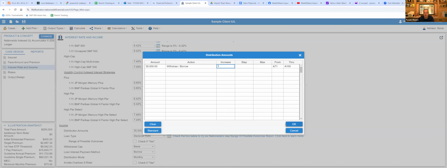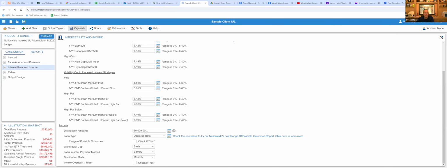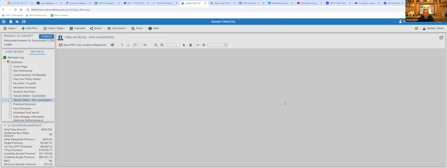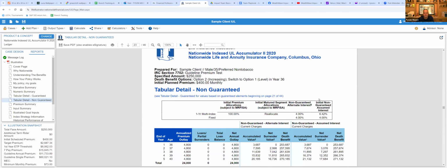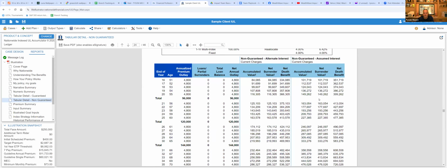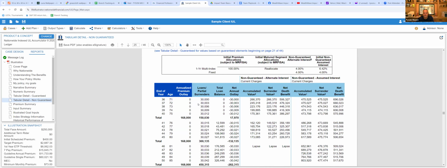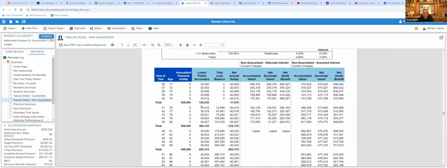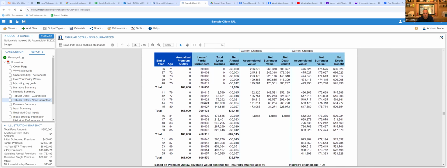Now this is going to probably blow it up. Click calculate. Now we're starting at 30,000, but that didn't, oh, that increased by $3 a year.